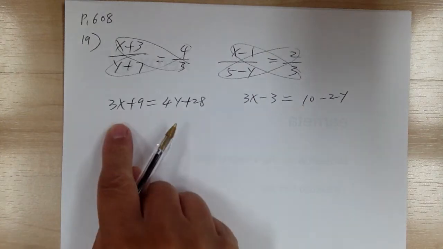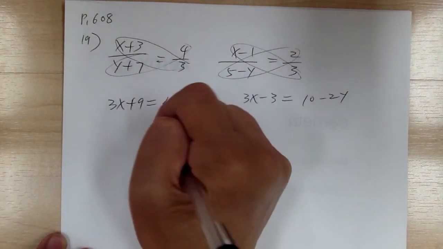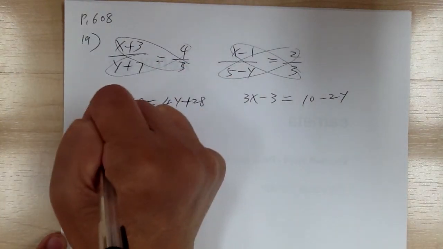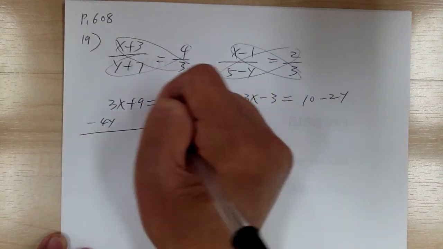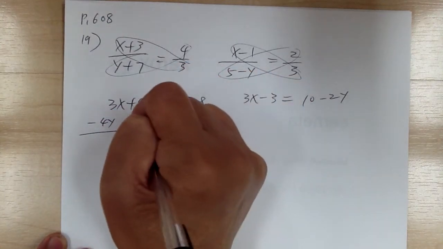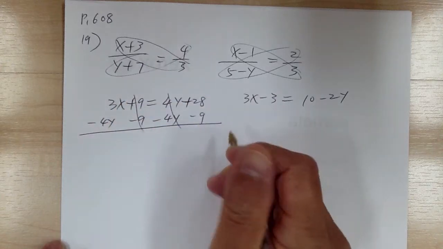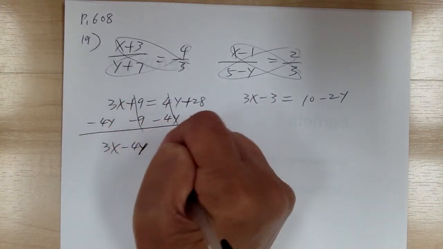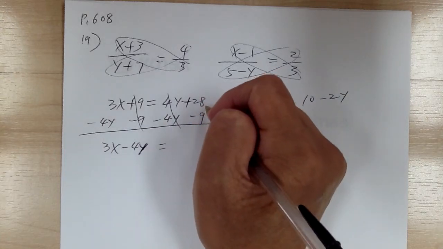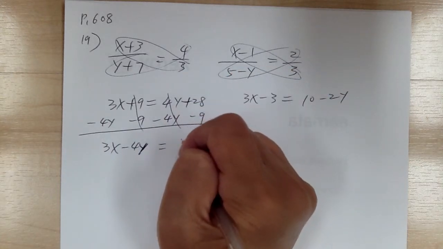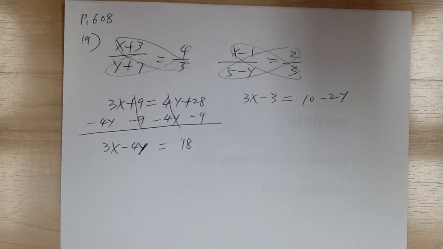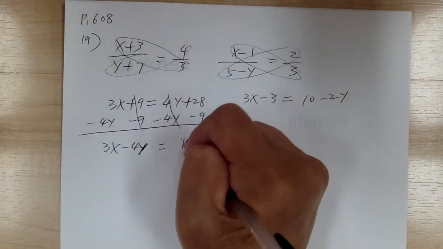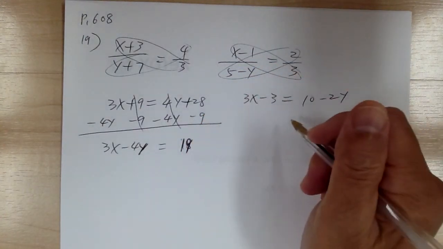Okay, let's tidy things up a little bit. I'm going to move all the variables to the left-hand side and move the numbers to the right-hand side. So I get 3x minus 4y equal to, opposite sign, you have to subtract the number, 9.